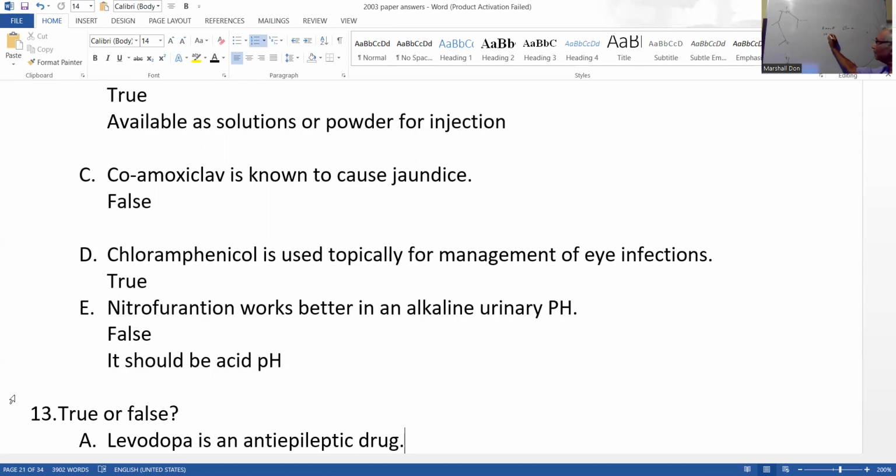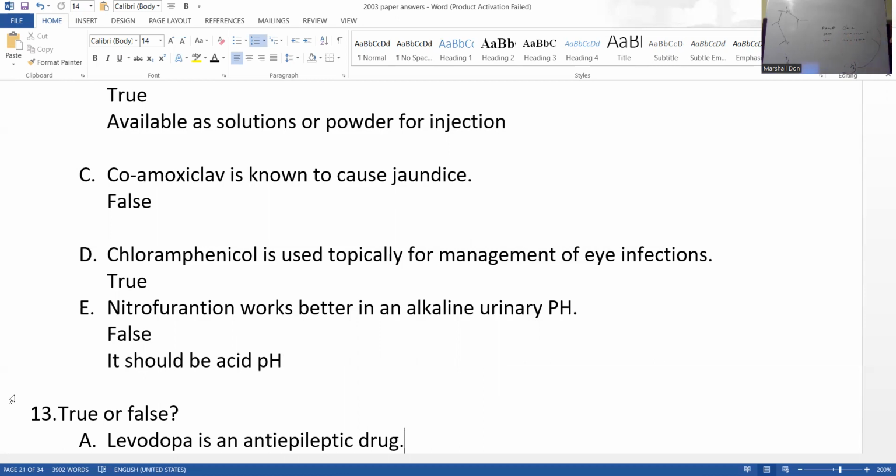Amoxicillin 500 milligram, clavulanic acid 125 milligram, altogether 625 milligram. Amoxicillin 250 milligram, clavulanic acid again 125 milligram equals 375 milligram. These are the two types of tablets available.